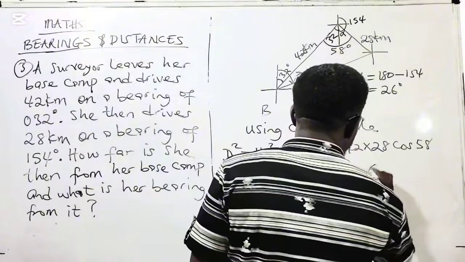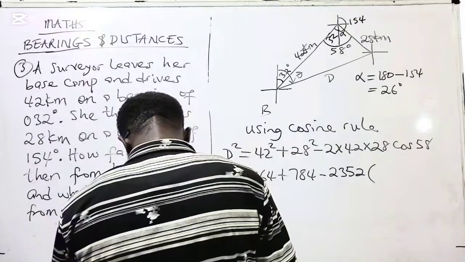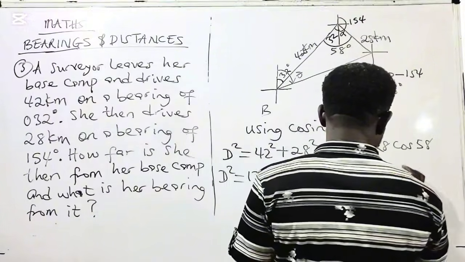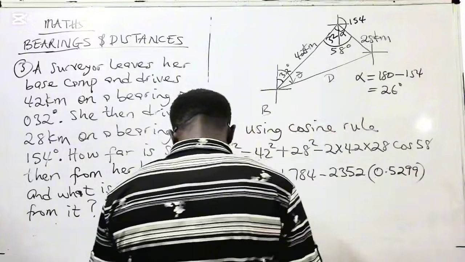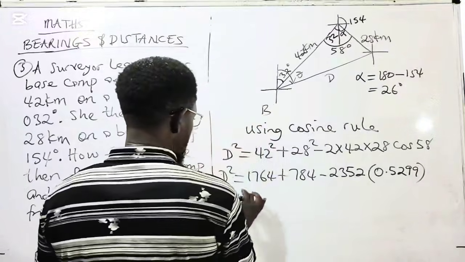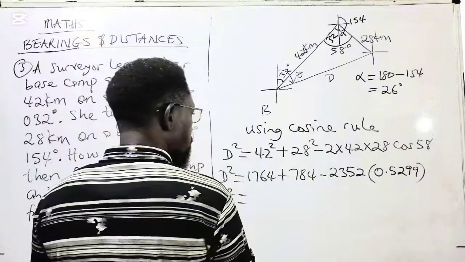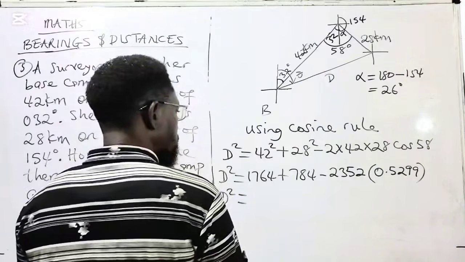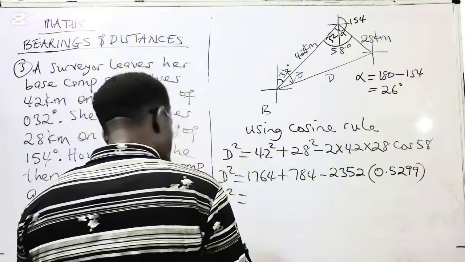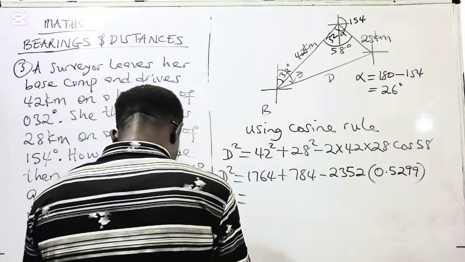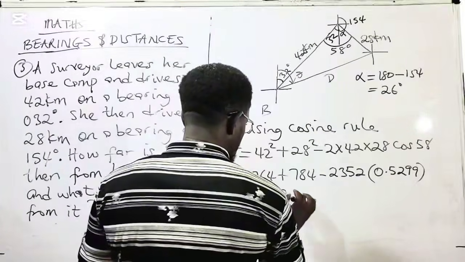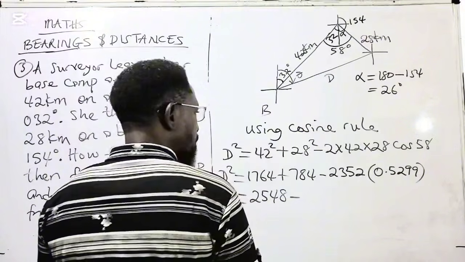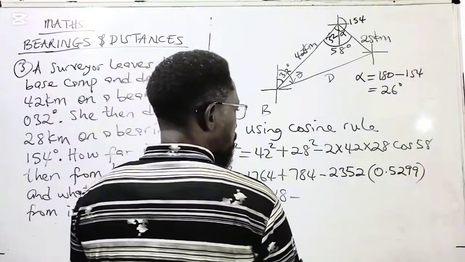The value of cos 58 is 0.5299. So we have d square equal to 1764 plus 784, that will be 2548. And we have 2352 times 0.5299.